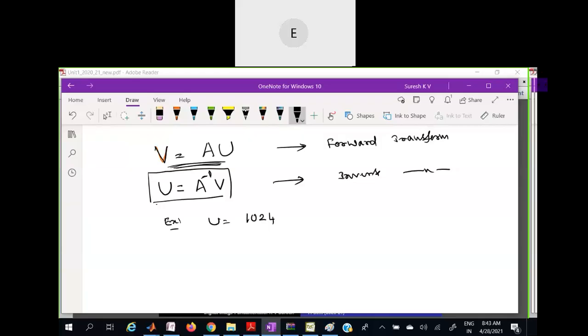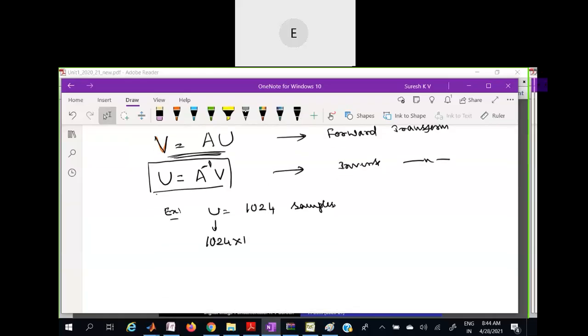Let us assume 1024 samples. That means your U matrix is 1024 cross 1.